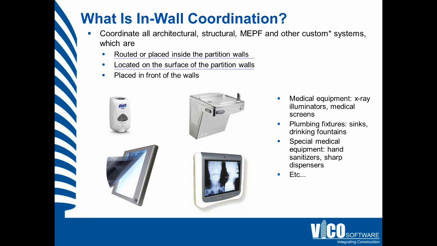So it's quite important to locate it in the right place, and it will drive and define the location of other pieces of equipment which maybe require supply and maybe require some routing in the partition wall. So it is really important to locate it in the right location.